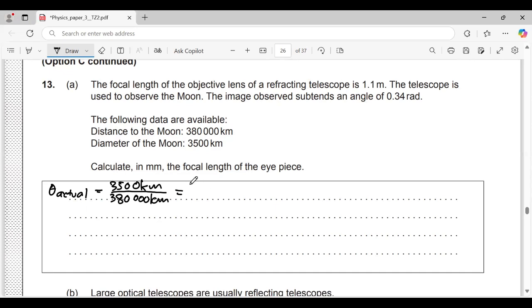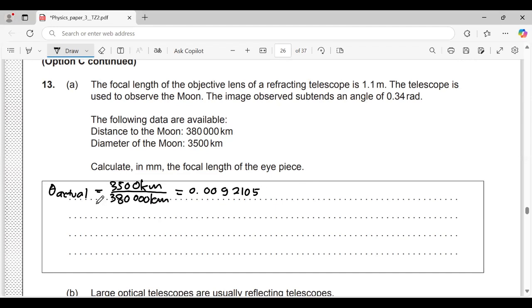And if you calculate, the result is 0.0092105 on my calculator, like this.